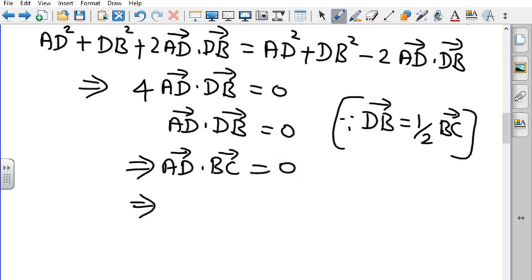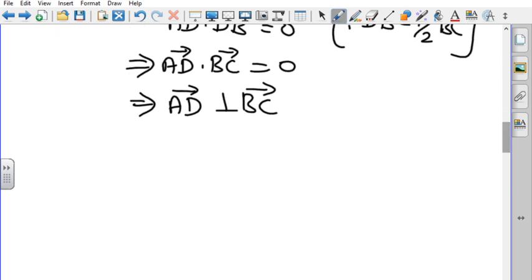That implies AD vector is perpendicular to BC vector. Hence, we proved the second problem. Here, in the place of DB, we can replace it with BC because DB and BC are on the same line, and DB is equal to half of BC. So we proved what is asked.